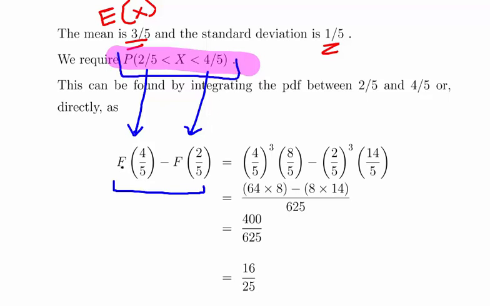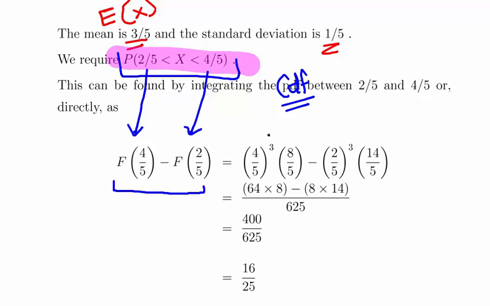That's the CDF there, not the PDF, the cumulative distribution function. And it's the difference between the two CDFs.